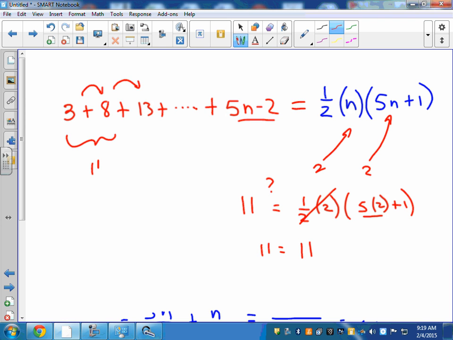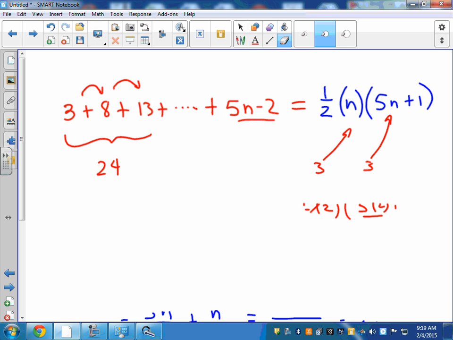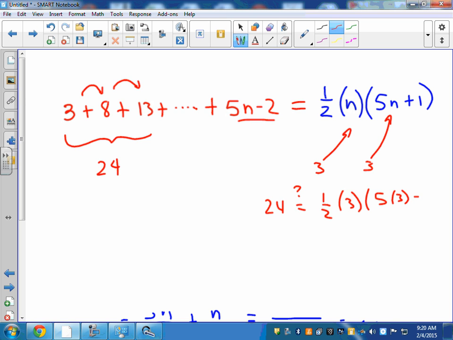So maybe just one more check to make sure that things are on the up and up. If I add the first 3 numbers, right, so this is 11 plus 13, which is 24, this formula should give me 24 if it's the right formula. If I put 3 in there, do I get 24? Let's see. So this is my nth partial sum formula for this guy. Is 24 really equal to 1/2 times 3 times 5 times 3 plus 1?